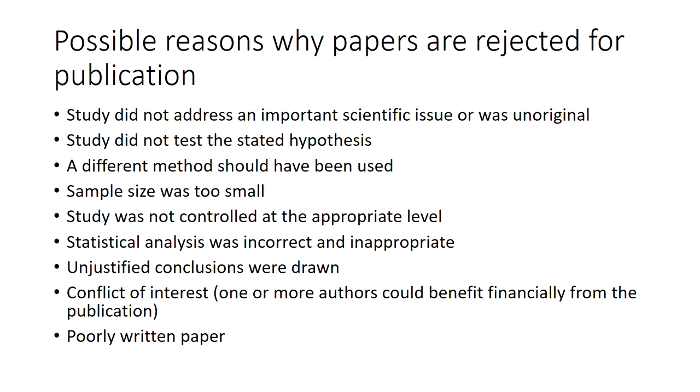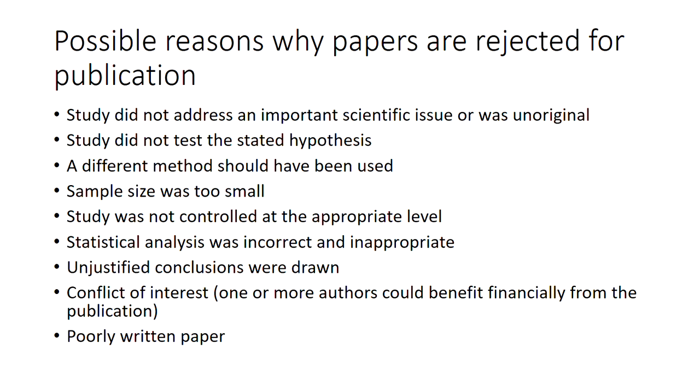Unjustified conclusions were drawn. There was a conflict of interest. A conflict of interest is required to be disclosed in the article. And a conflict of interest is when one or more authors could benefit financially from the publication. So for example, say one of the authors is a major shareholder of a drug company, and the article is about that drug and how it is the magical cure to all cancer.